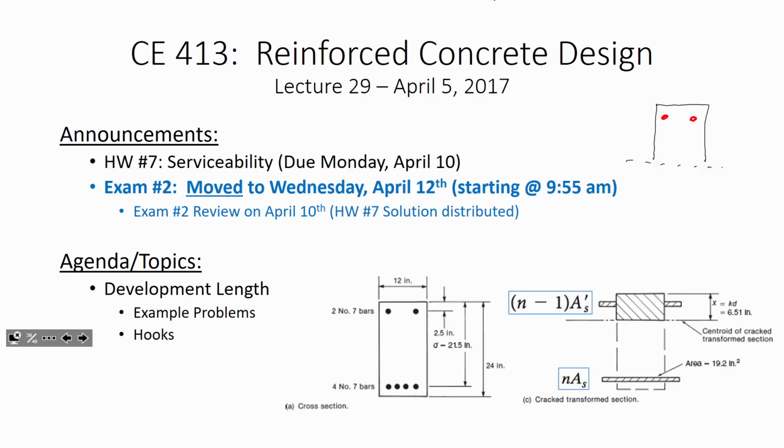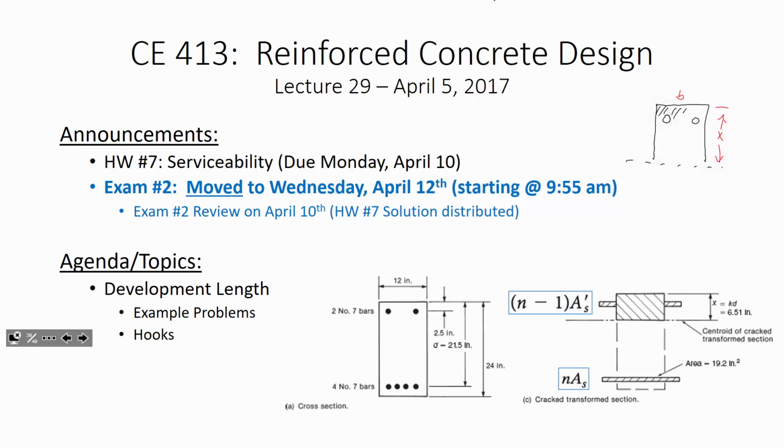Now, what is the area of the concrete? This is b, and then that's x, right? Now, if I turn this steel into an effective lump of concrete, essentially what I'm doing is removing that steel here and here.